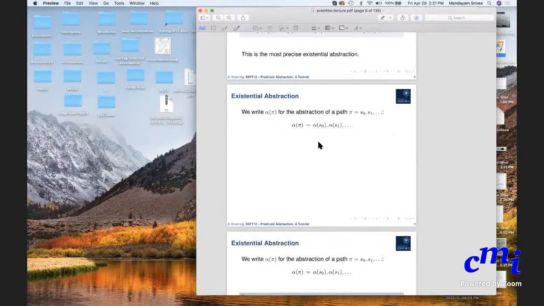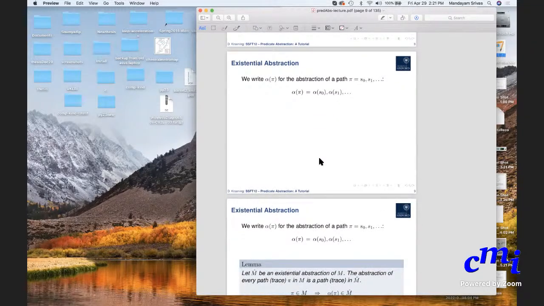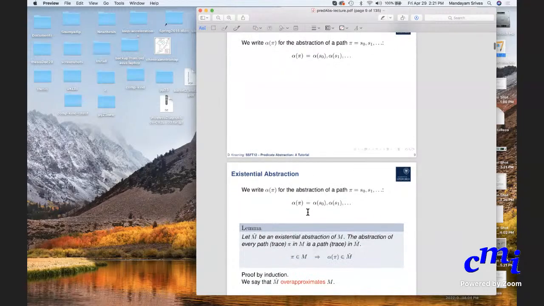Of course, the abstract system can have more paths, since there are potentially more transitions and more states that become initial states in the abstract system. But similarly, the set of all reachable states is also an over approximation. The set of all reachable states of the concrete model is guaranteed to be included in the abstraction of states.